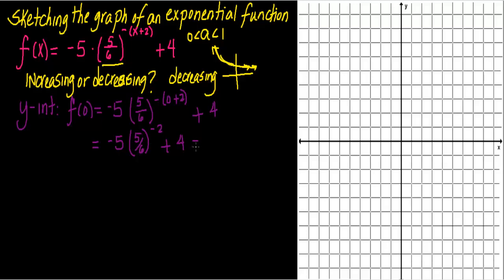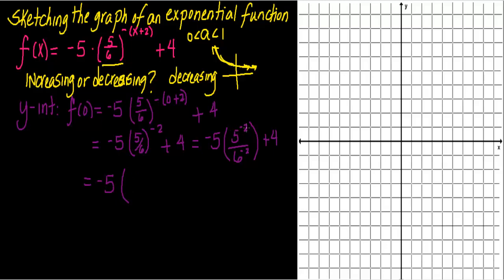This is how it looks. It's going to look like negative 5 times 5 to the negative 2 power and 6 to the negative 2 power plus 4. And remember, we don't want negative exponents.